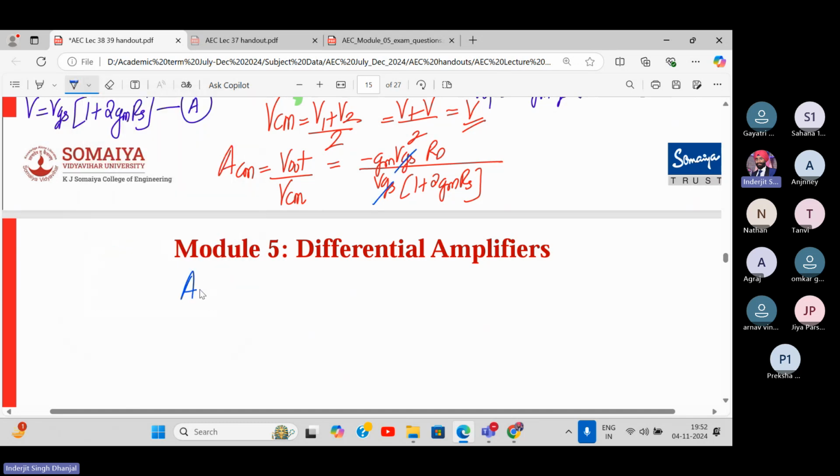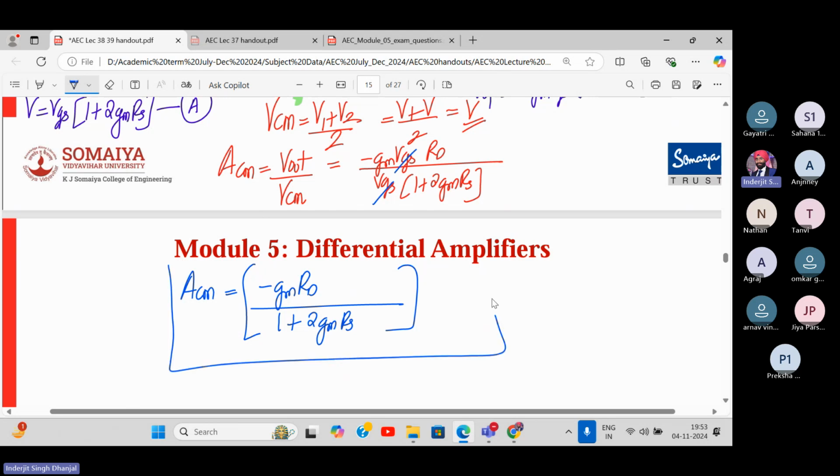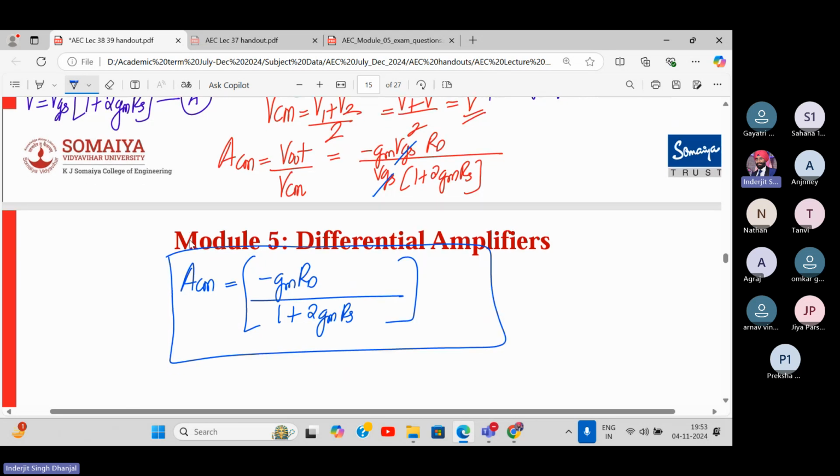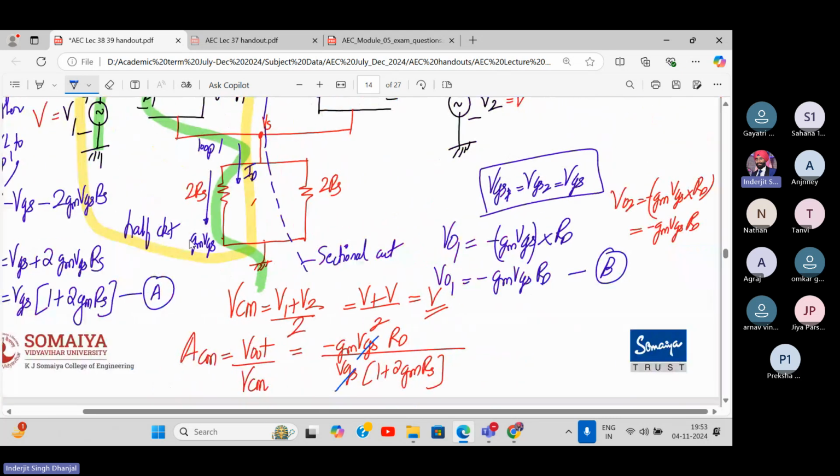VGS gets cancelled out. So ACM will be how much? Minus GM RD divided by 1 plus twice GM RS. Okay. And that is the derivation for ACM. Understood this derivation?